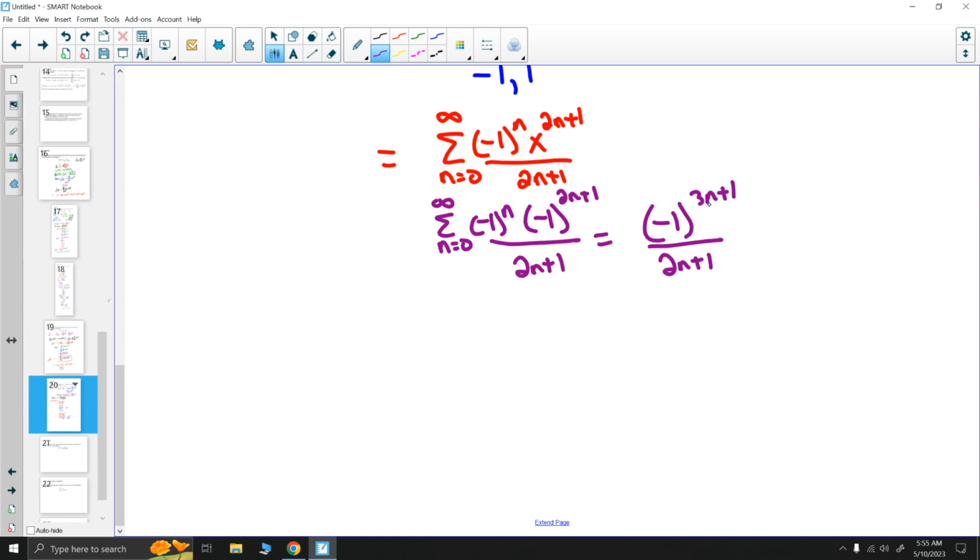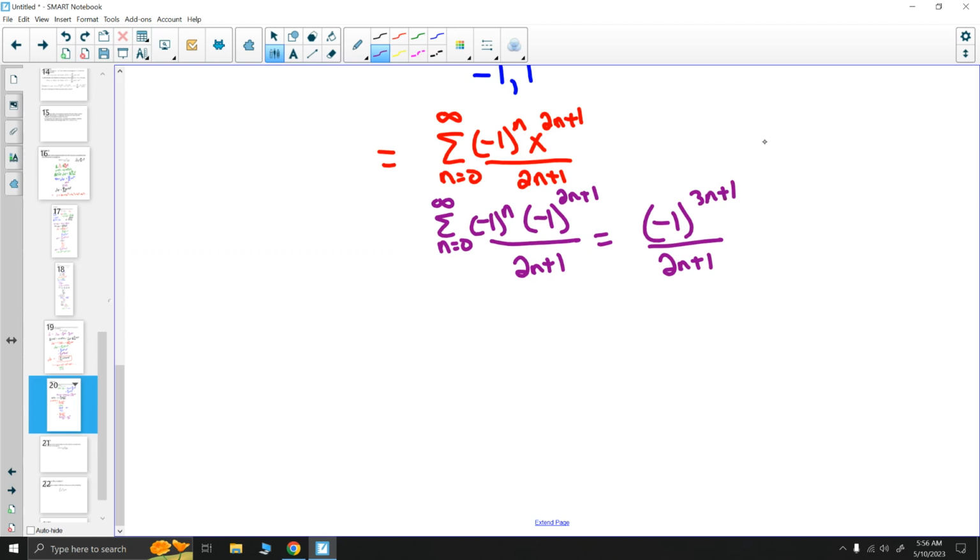Now, if we think about this, when n is, say, 1, 3 times 1 is 3, plus 1 is 4. When n is 2, 3 times 2 is 6, plus 1 is 7. So that would be odd. The previous one was even. If we then go 3 times 3, that's 9 plus 1, even.